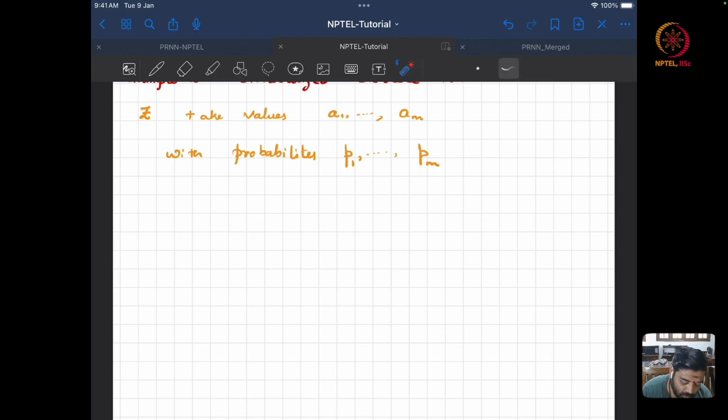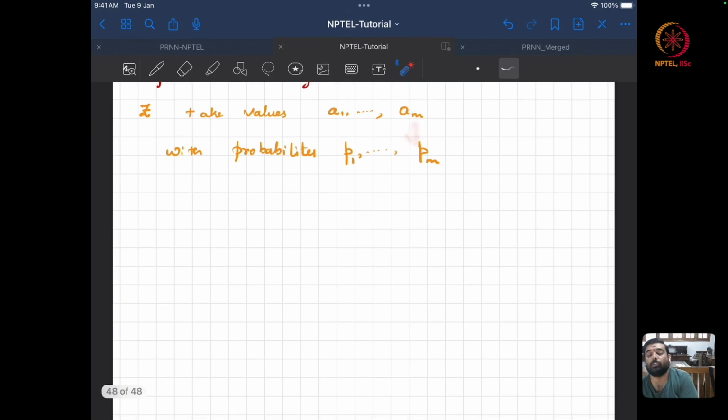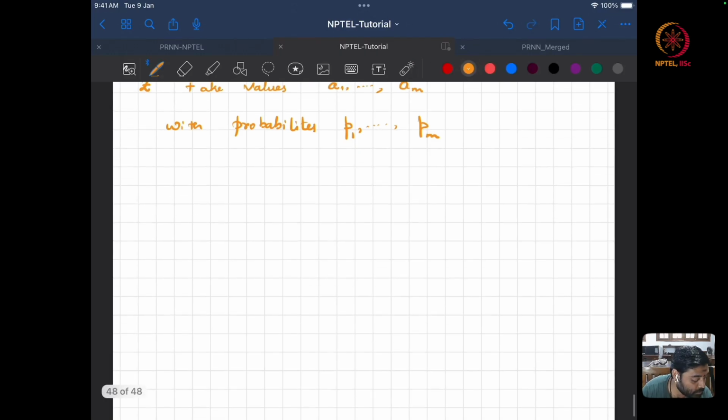Now in this particular distribution z, a1 occurs with the probability of p1. Similarly, so on, am occurs with the probability of pm. Okay.